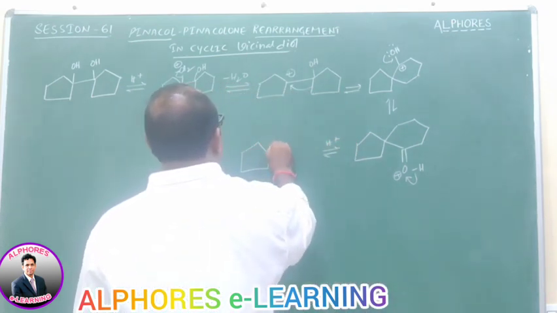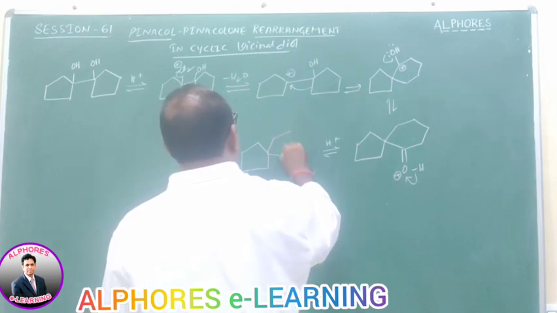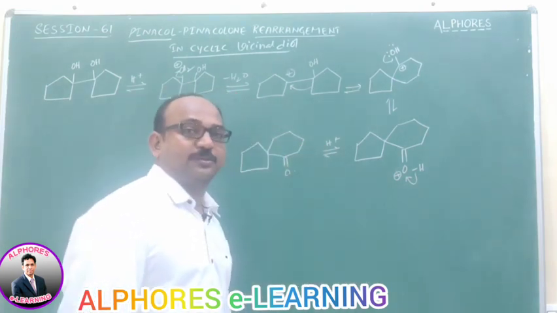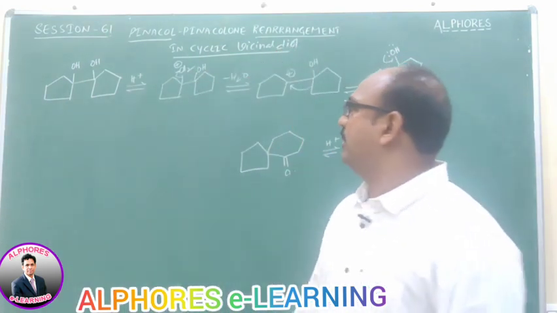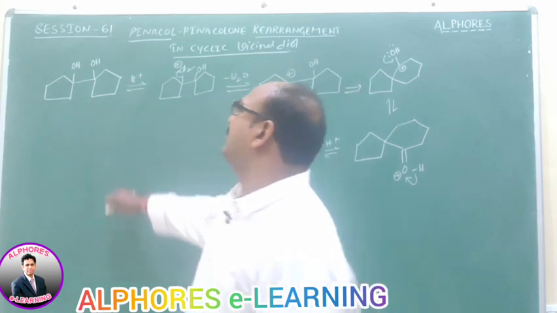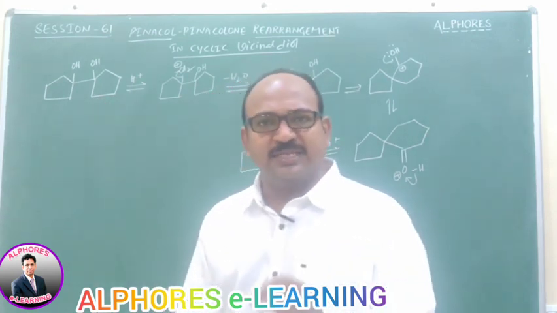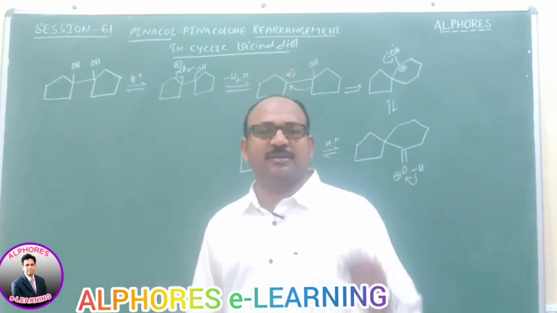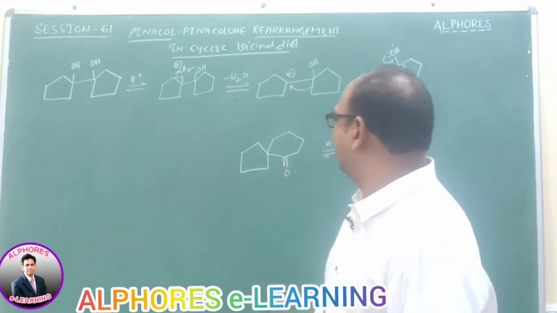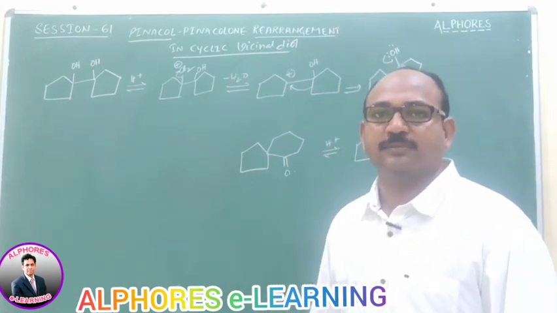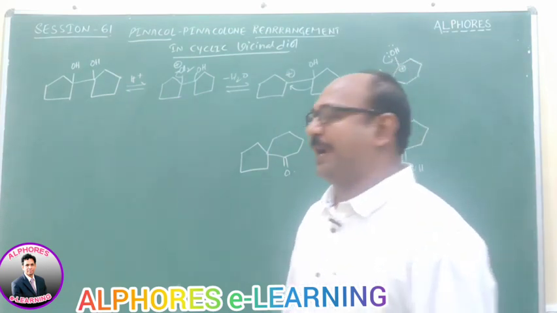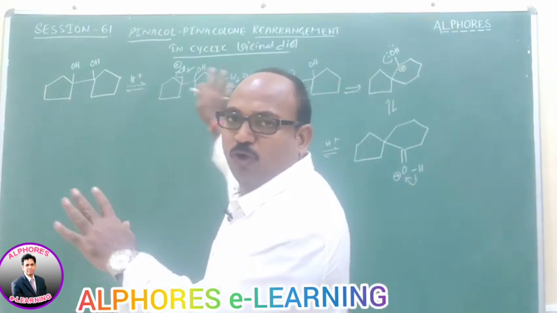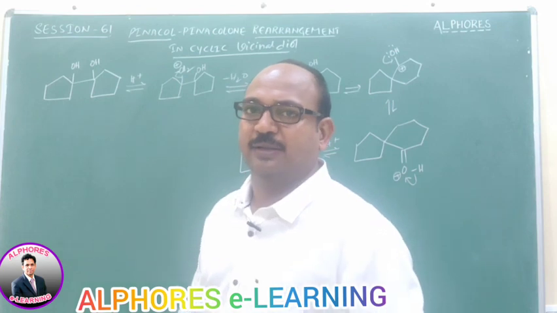Then we get the product here, with a double bond to O. This is the product. So here ring expansion takes place. Now because of acidification we got this product. If this is treated with sodium borohydride, the pinacol rearrangement is completed.